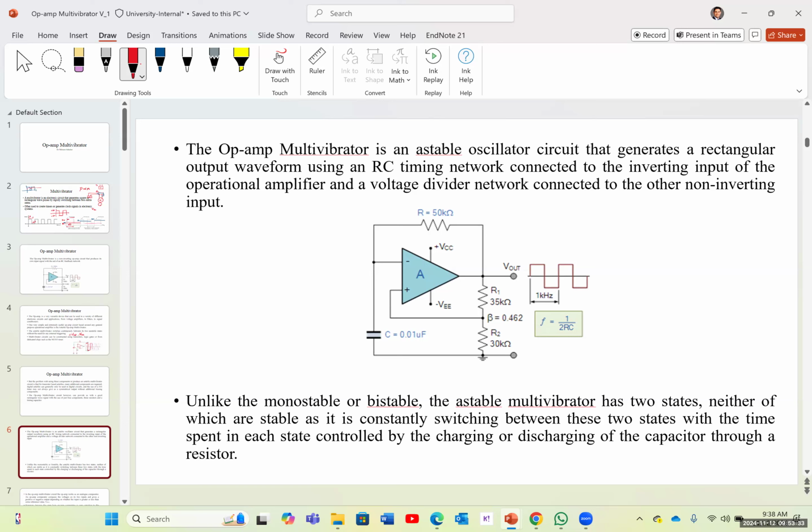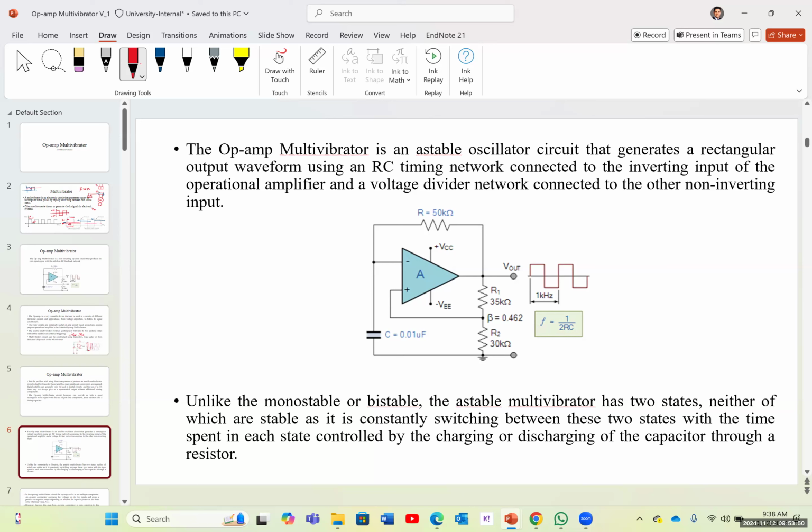We use an RC timing network connected to the inverting input of the op-amp, and it has a voltage divider network connected to the non-inverting input.